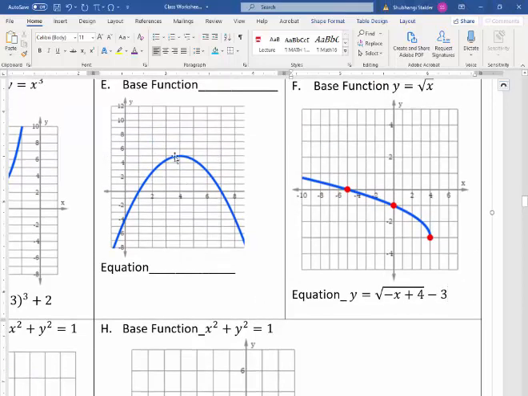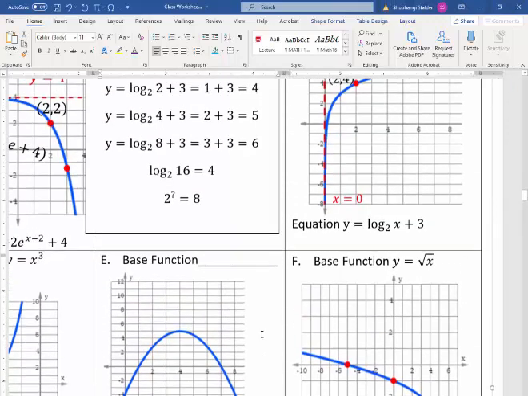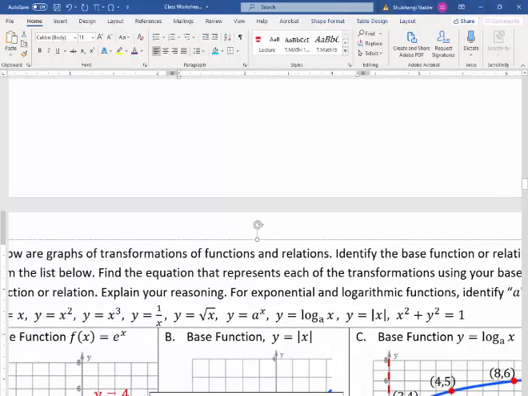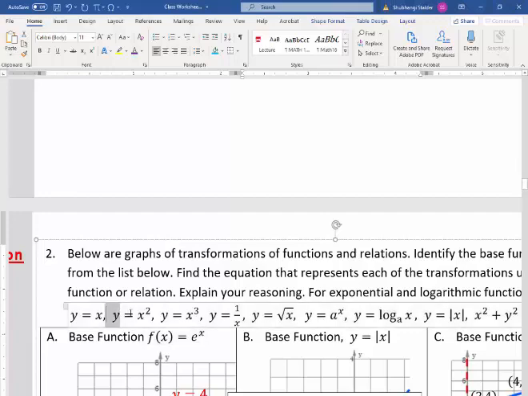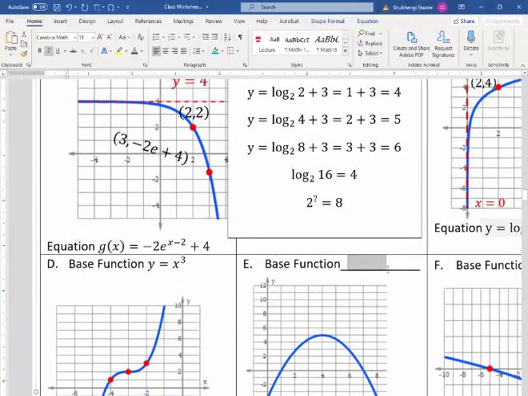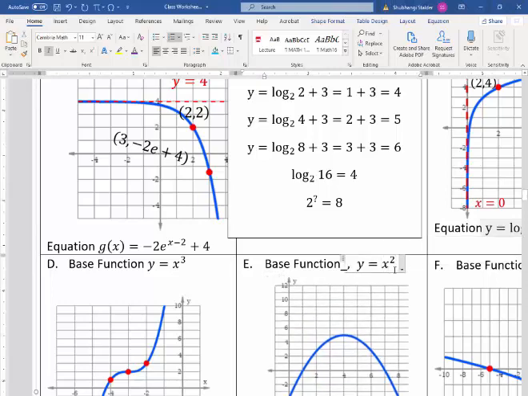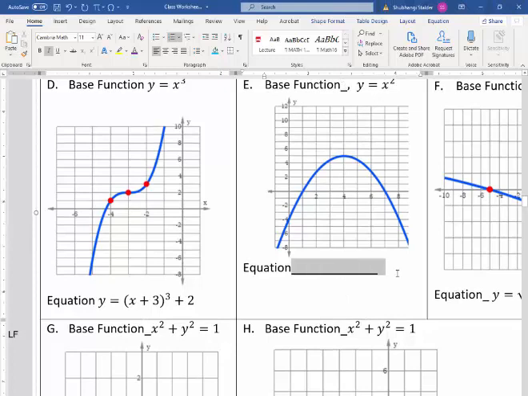Okay, who did this one here? What did you start with? Base function is what? Y equals x squared. All right, y equals x squared. Okay. And then what did you have?